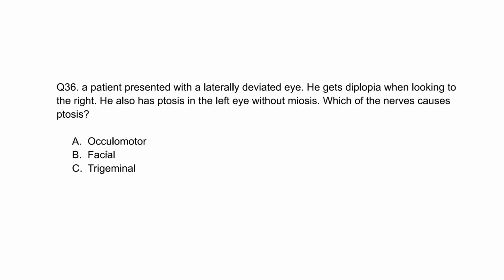The facial nerve helps you close the eye, but the oculomotor is the one that will open the eyelids, and so if you have ptosis, then you have damage to the oculomotor nerve. Trigeminal is responsible for sensory input, and so it's not really related here, and also mastication.